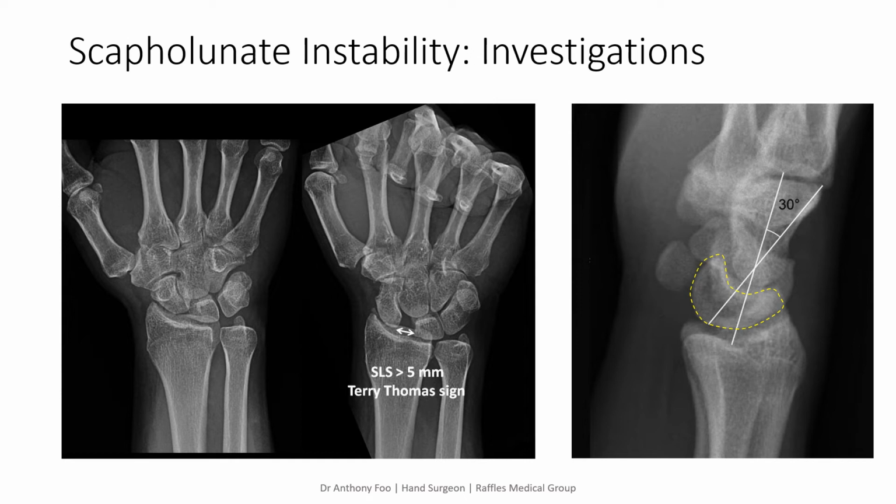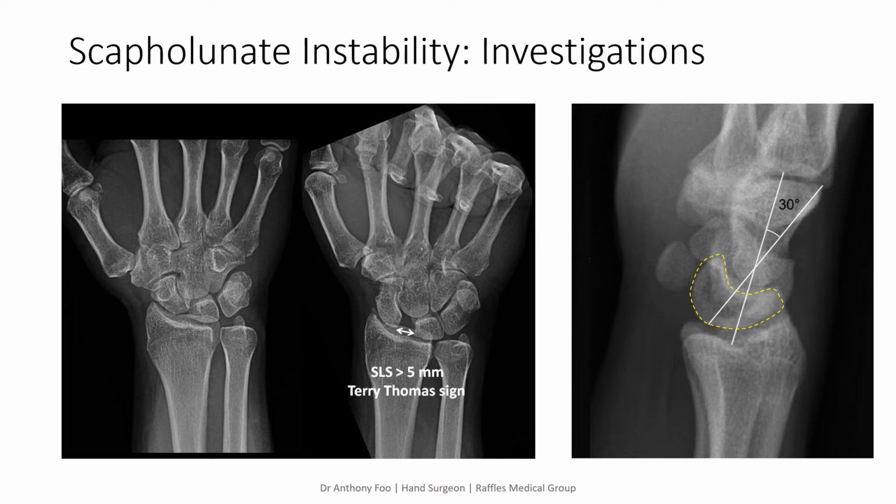When the patient clenches the fist, the pull of the tendons transmits force through the capitate, driving it into the scapholunate interval. If there were gross laxity, as in this case, the gap would spring open, and a gap would be very apparent between the scaphoid and the lunate. Radiologically, this is also called the Terry-Thomas sign, named after a comedian with a missing front tooth.